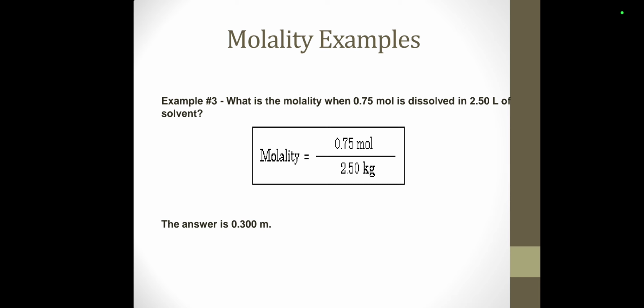As I've said, if you are converting 2.50 liters to kilograms, the answer would be 2.50, because let's go back to the constant that 1 liter is equivalent to 1 kilogram. So that makes sense that the answer would be 2.50 for the kilogram. So the answer of 0.75 mole divided by 2.50 kilograms is 0.300 m.